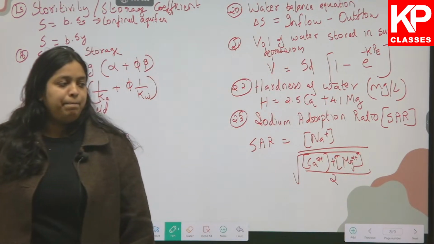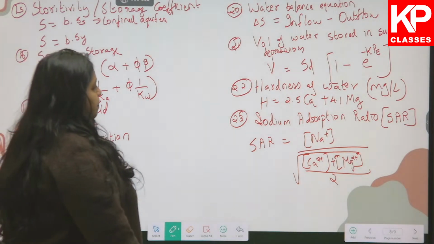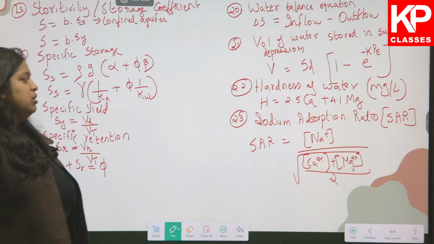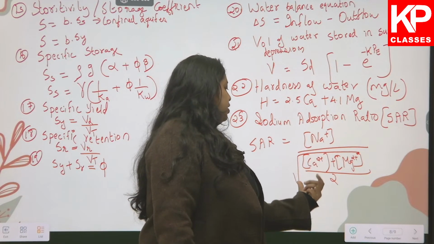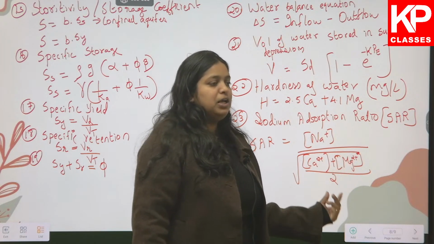That is, the concentration of sodium divided by the square root of the concentration of calcium plus the concentration of magnesium, divided by 2.